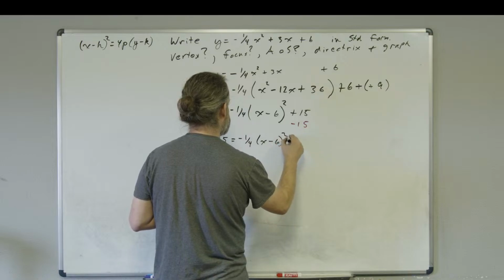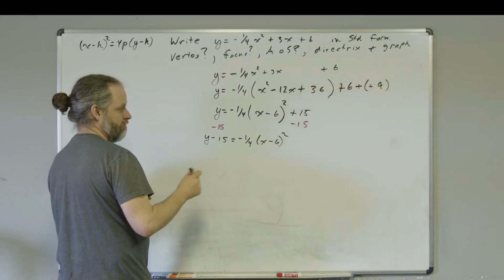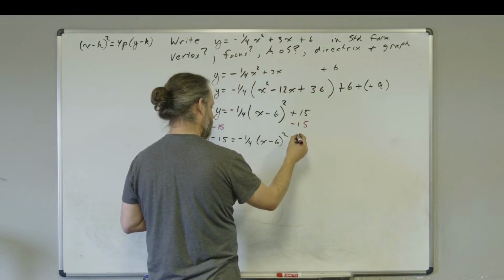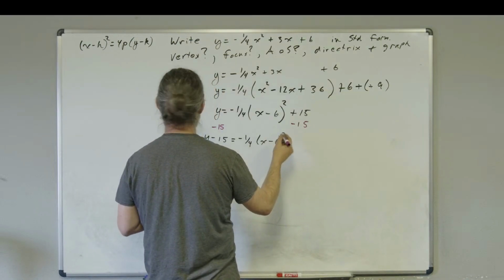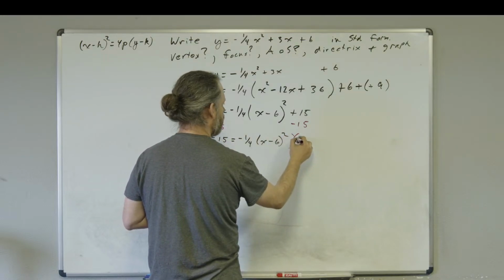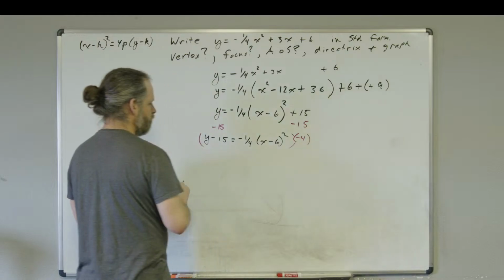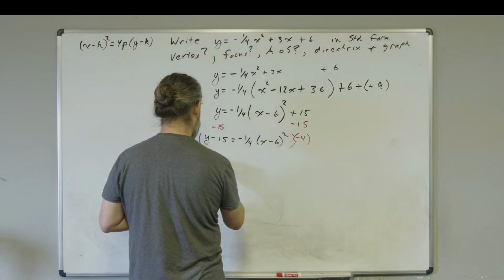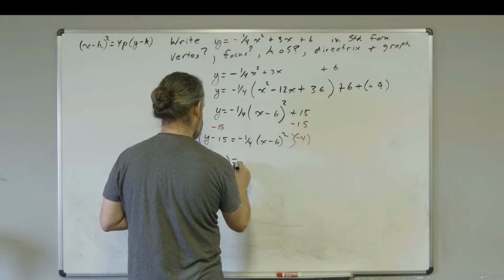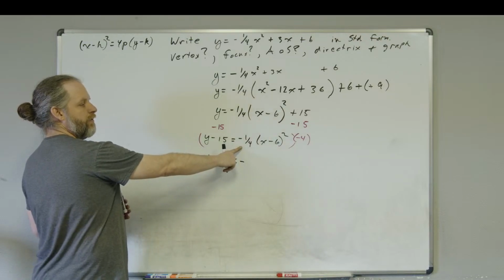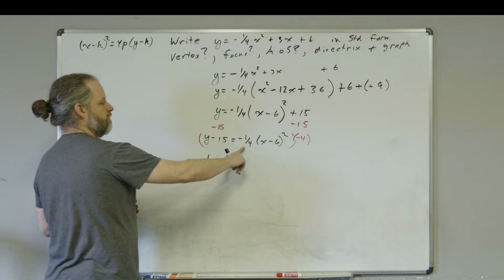And then multiply it all by negative 4 to get rid of the negative 1/4.